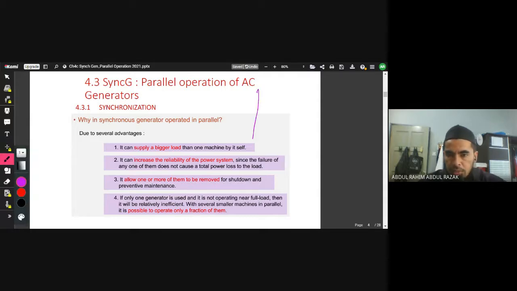So we have a bus bar and a transmission line, and over here maybe we have 2 or 3 generators in parallel. Here we have a load, say a motor. So 2 generators are connected to one bus bar, then transmit to another end. Then at the end of the transmission line, we have another series of loads.